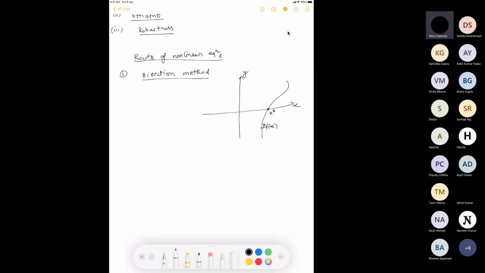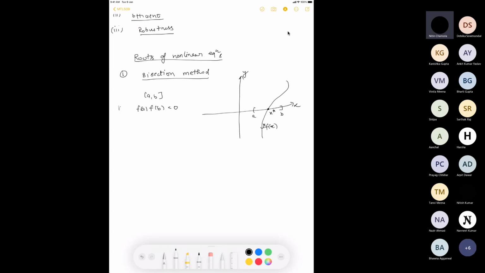So how does this algorithm work? You first choose an interval [a, b] such that f changes sign in this interval, right? So basically we are going to bracket the root. We take the initial guess a and b such that f(a) times f(b) is strictly less than 0, right? That is the first step.